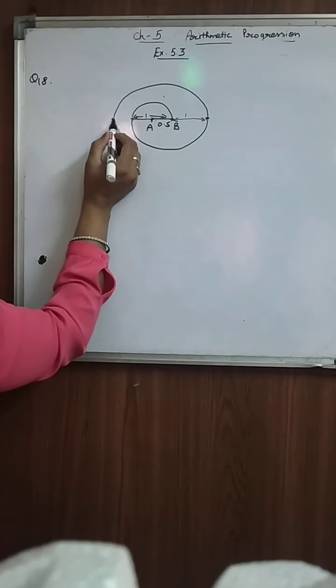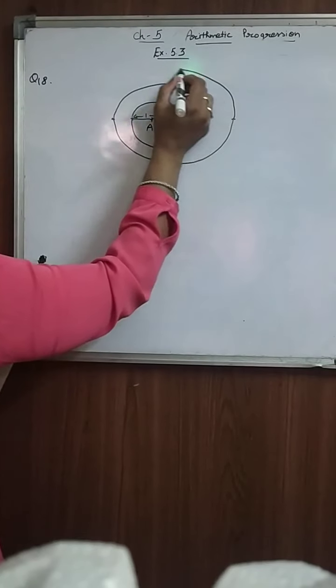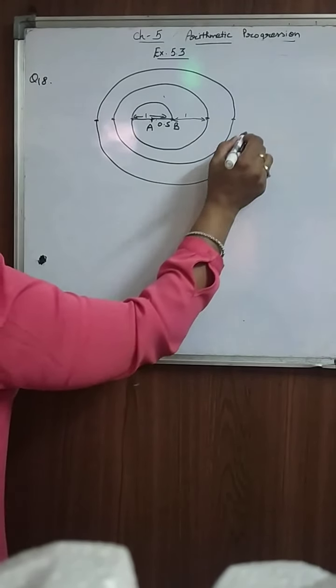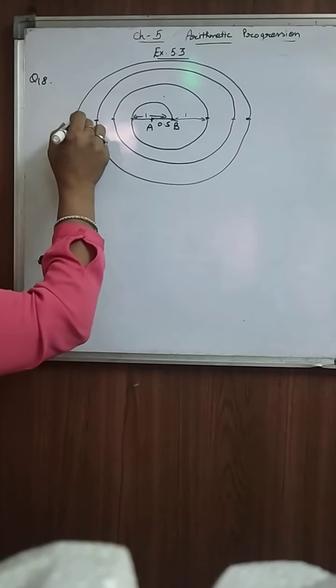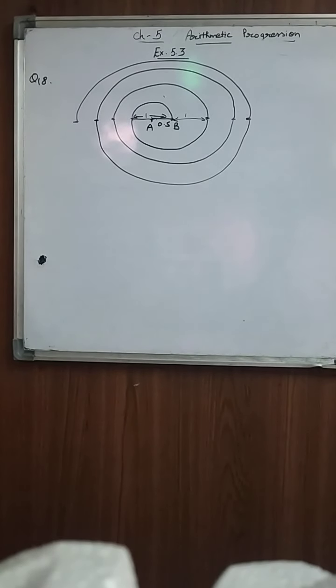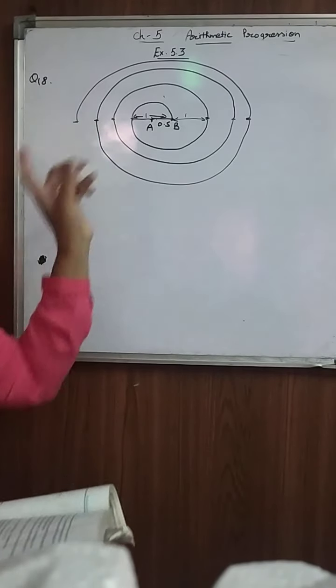In the same way, now open 2 centimeter, then open 2.5 centimeter, and in the same way they are increasing the radius by 0.5 centimeter, and they are drawing the semicircles in this way. So now we are getting a spiral in this way.